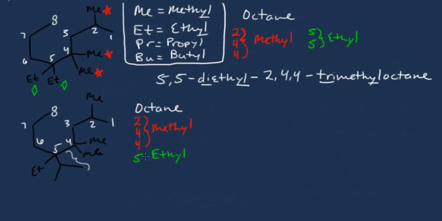And then we have this weird kind of thing hanging off also on the 5. And we don't really know what to name this yet. So now I'm going to introduce a few special groups whenever you're encountering branched alkyl nomenclature problems. So, some special groups.